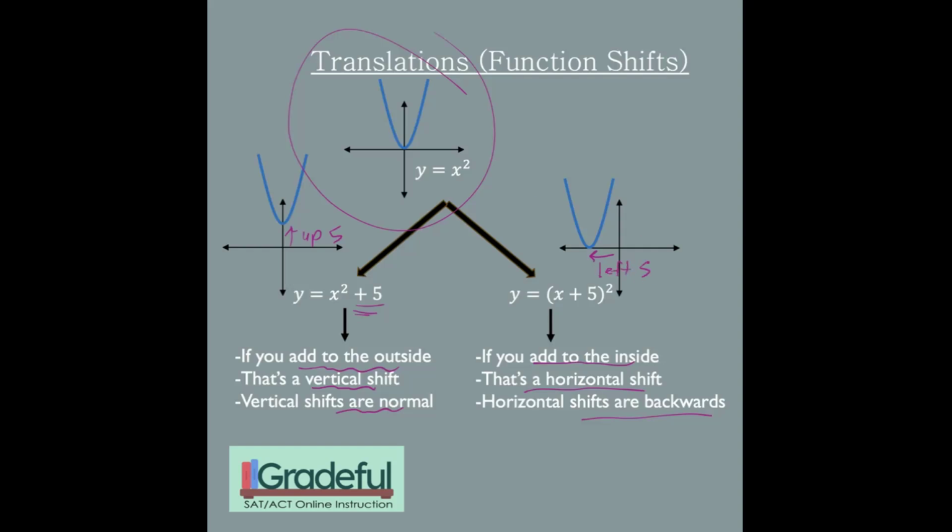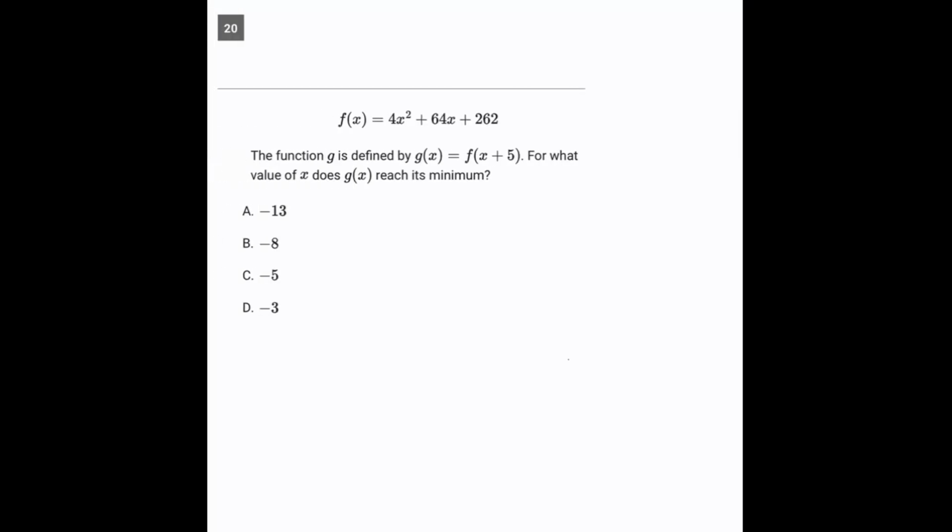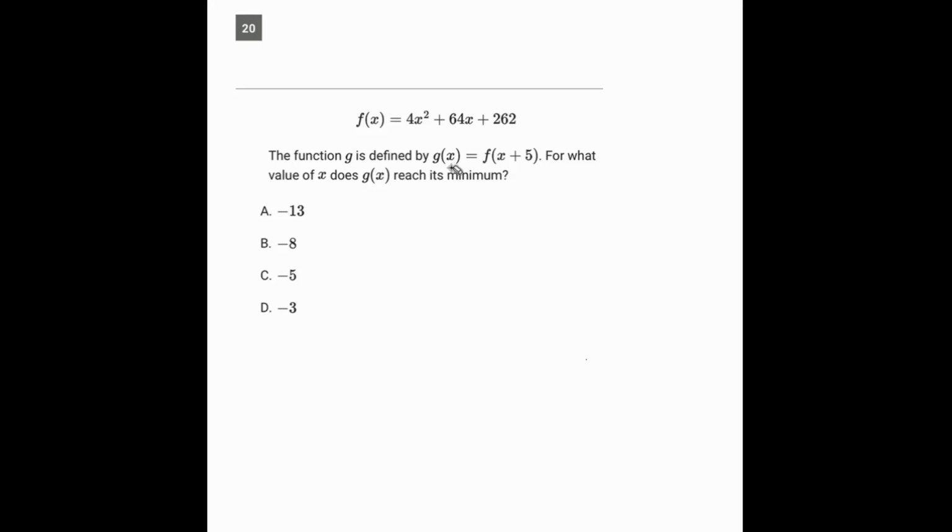In f of x notation, this one is just our regular f of x. This would be f of x plus 5, and this would be f of x plus 5. So in our question, we were seeing that g of x is f of x plus 5. So in other words, to get g of x, you take f of x and you move it left 5.